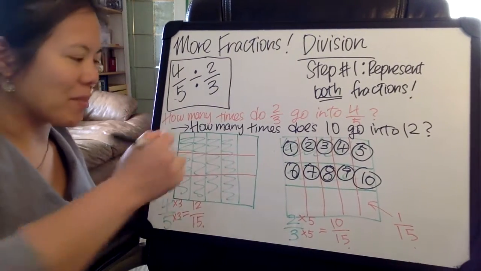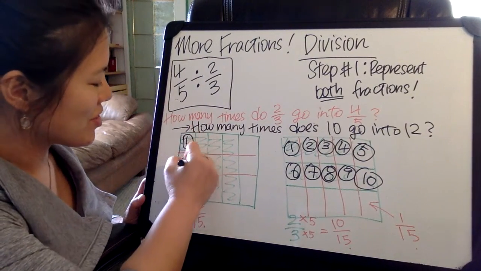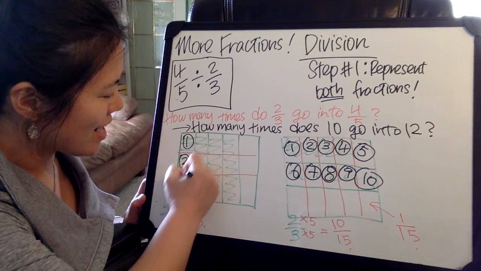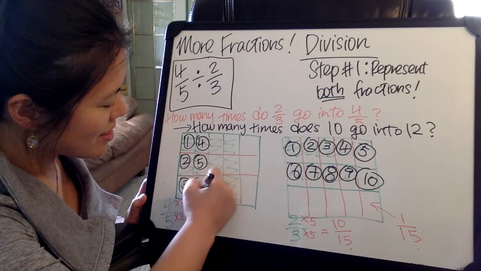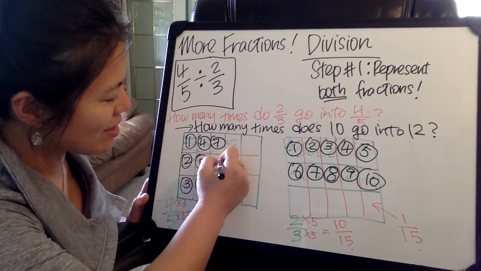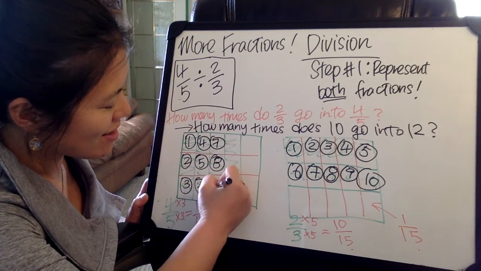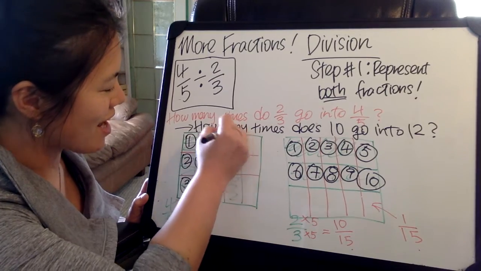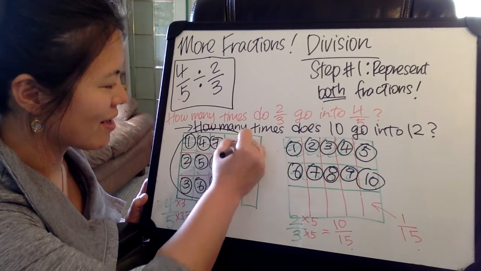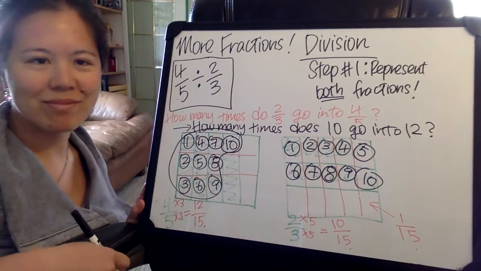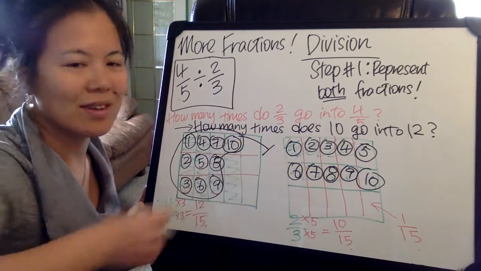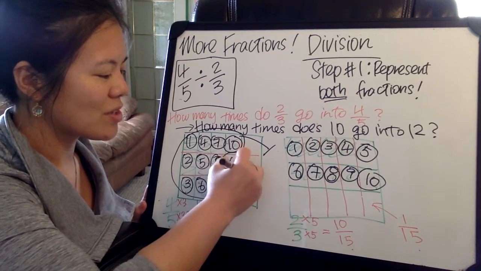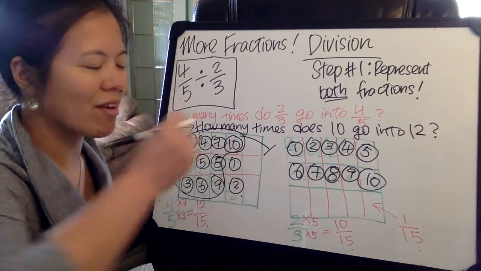So let me count. I have 1, 2, 3, 4, 5, 6, 7, 8, 9, and 10. It goes in at least one time, right? And I have 2 of these little pieces left.